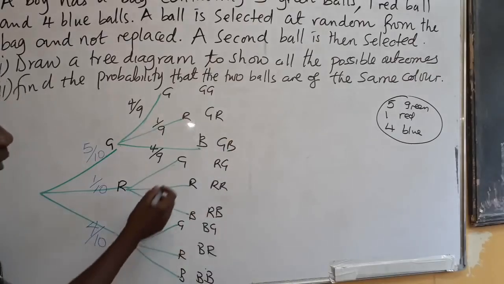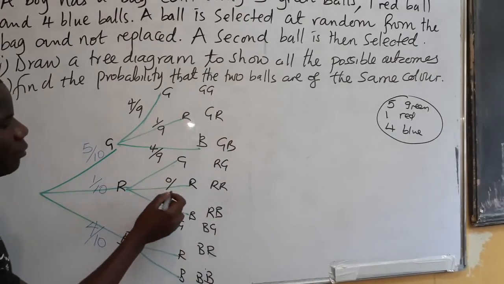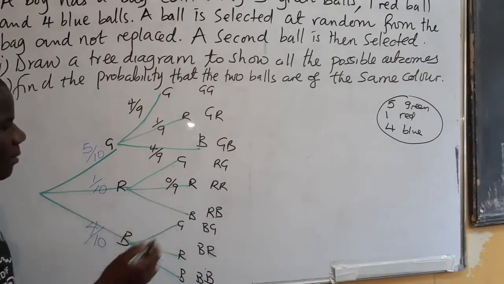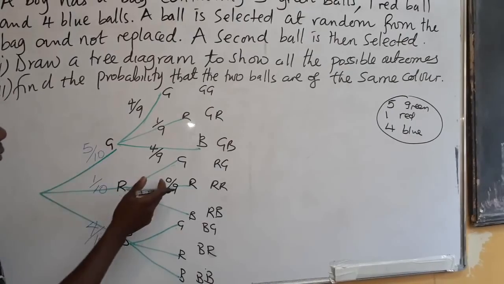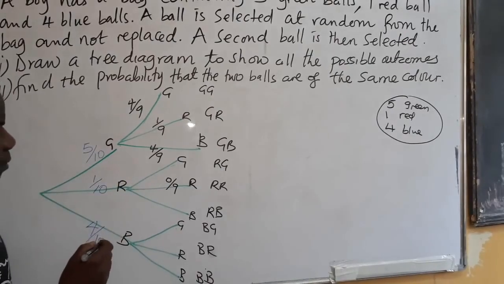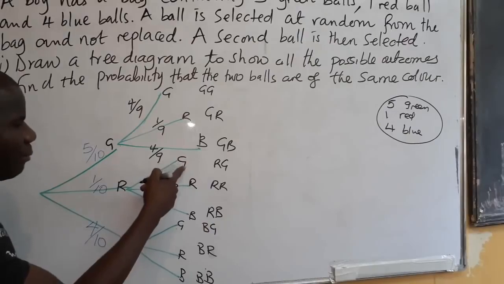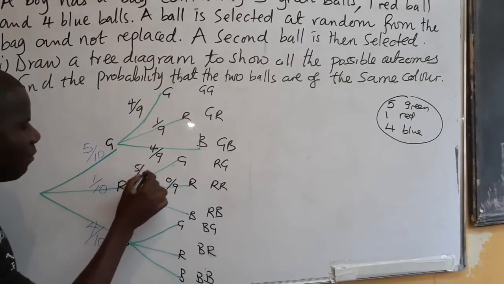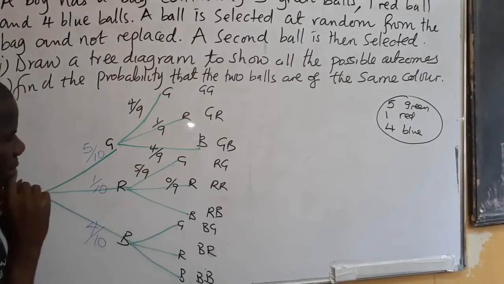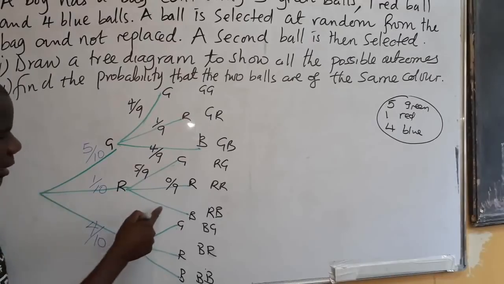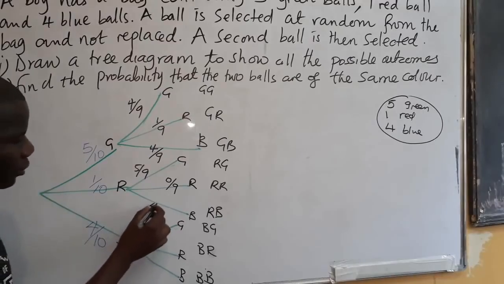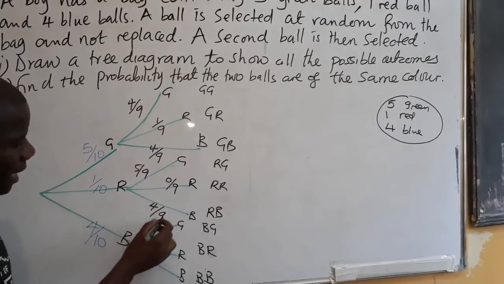So the second one here, we can say it will be 0 over 9, because the only one which is there has been drawn at this point. As for the green balls, they are still at 5 over 9. Then the blue balls are also still at 4 over 9.